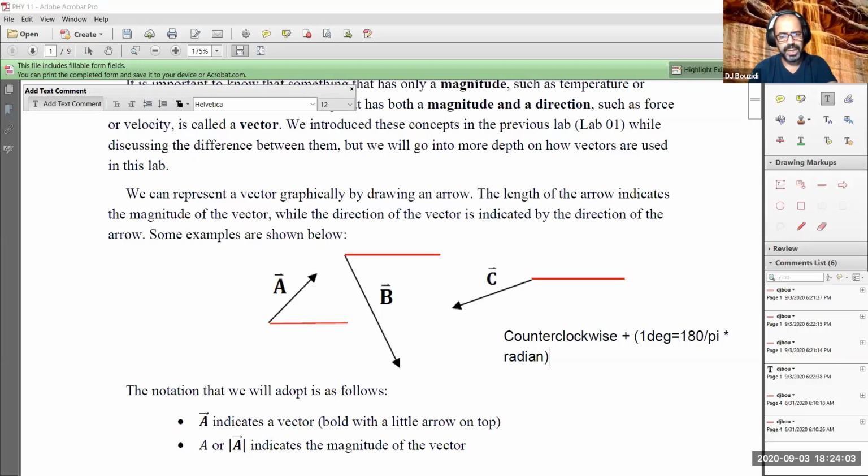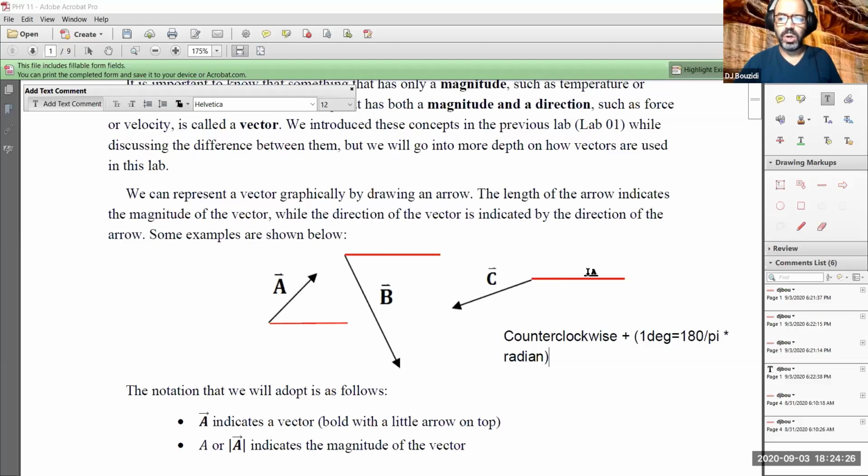The point being in here is you have to be careful. You can still go clockwise as long as you append a negative number to it, okay? And if you have a calculator, you can, for example, calculate an angle and it's going to give you a negative value. So there is no problem with that. But that means if it's a negative value, you have to go in the opposite direction, okay?